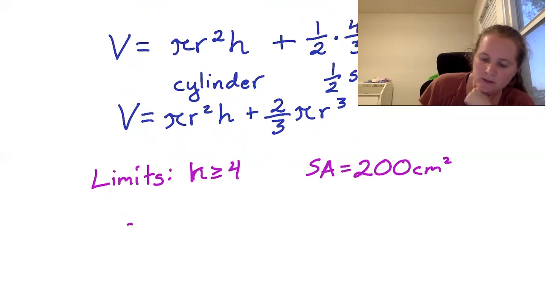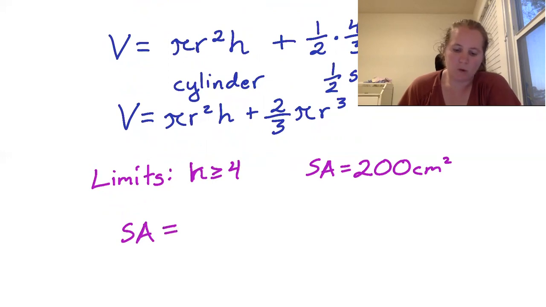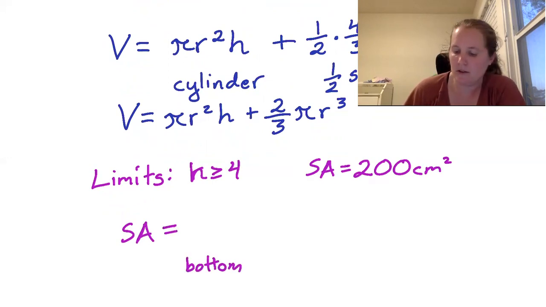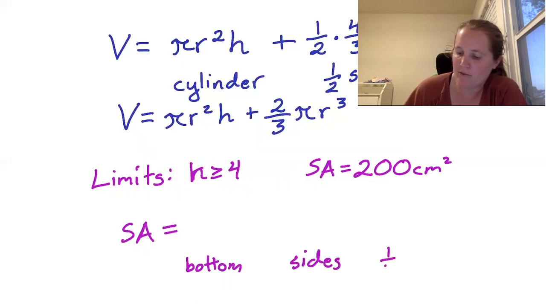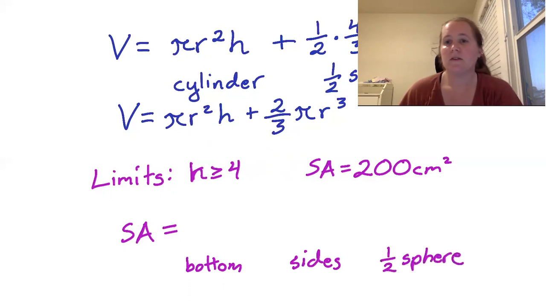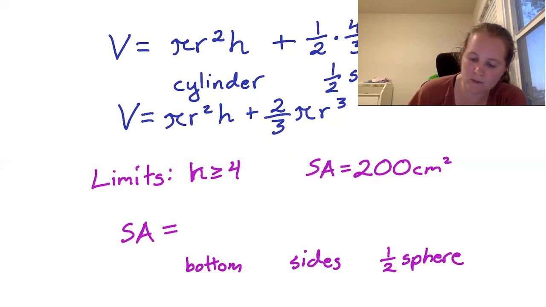So our surface area formula, we'll have the bottom, which is a circle, the sides, and then our half sphere. So we have 3 components here. The bottom is just a circle, so the surface area is just pi r squared.